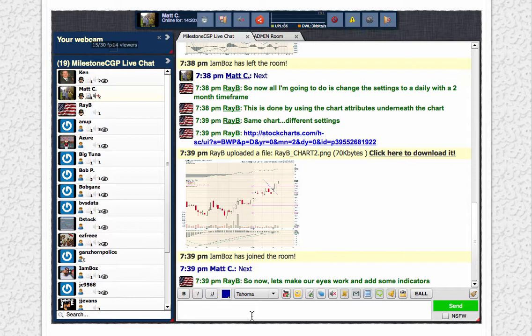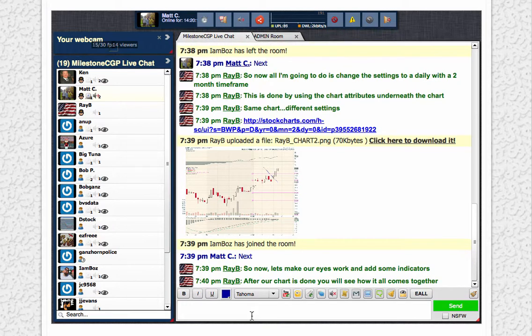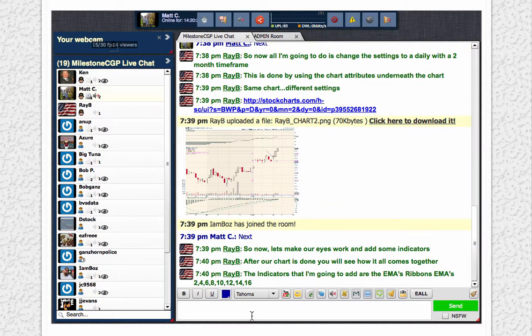So now we're going to add some indicators to it, and you want to train your eye to start following some of these indicators and watch the reaction between the candles and the indicators. After our chart is all built, then you'll be able to see how it all comes together.